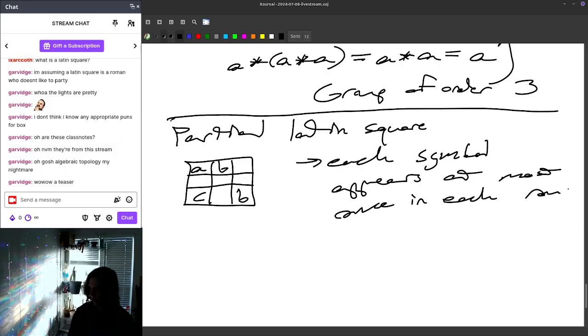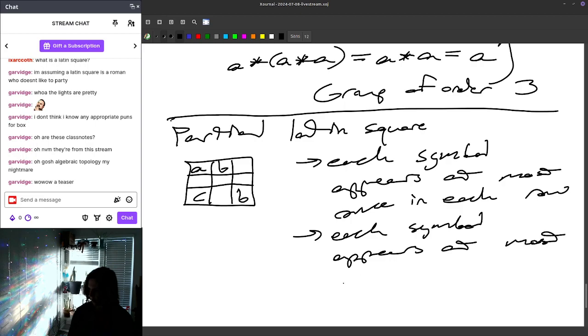So instead of exactly once, it's at most once, and each symbol also appears at most once in each column, and spots can be blank.